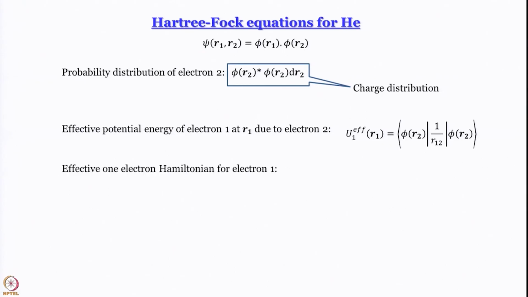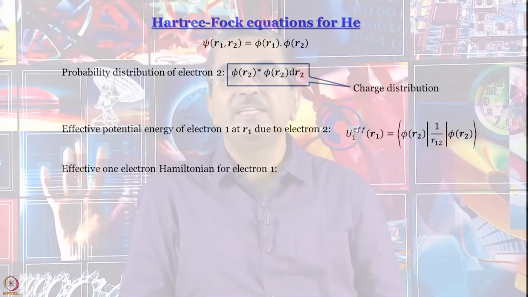Great. Knowing that, can we write down an effective 1 electron Hamiltonian for electron number 1? What is the Hamiltonian? Total energy operator, right. So, the total energy operator would involve kinetic energy as well as potential energy. For a 1 electron system, kinetic energy is given by minus h cross square by 2m into del square, and in atomic units it is just minus half del square. For a 1 electron system, the potential energy is just 1 by r, or 1 by r1 in this case.